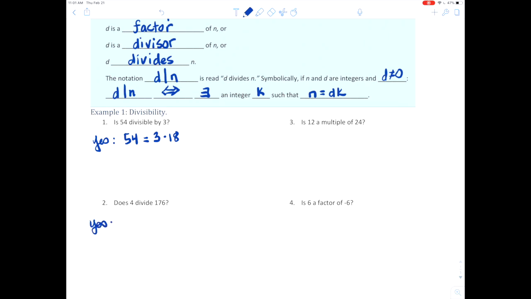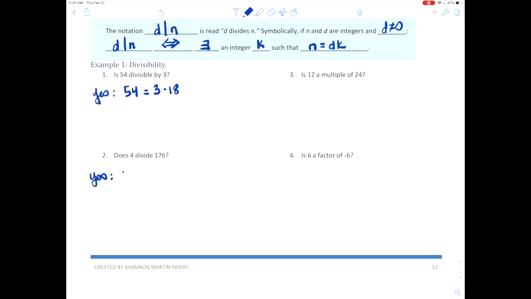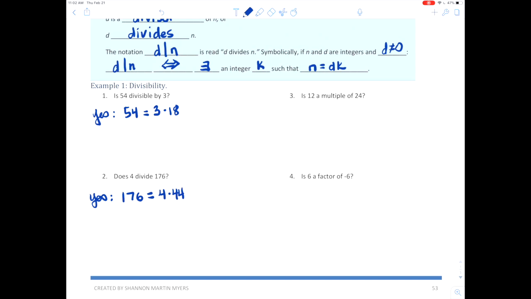So yes, 176 equals 4 times 44. Good so far? All right, is 12 a multiple of 24? Be careful. The smallest multiple of 24 is 24. So no, 12 is not a multiple of 24.